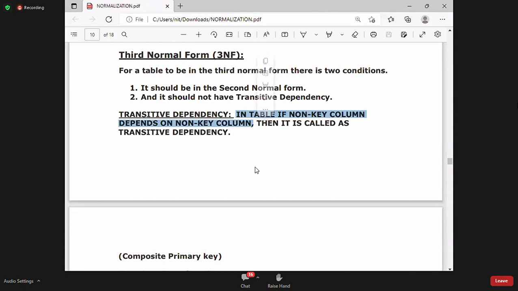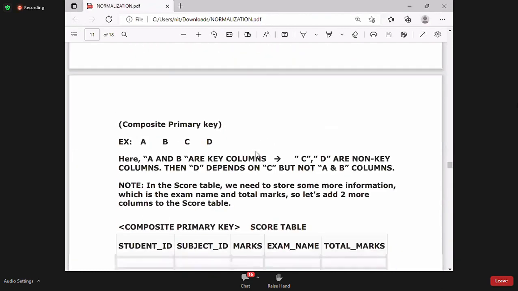If that kind of dependency is there in your table columns, then that is called a transitive problem. What problem? Transitive. So transitive means what? Each other. That means one-to-one dependencies are there, and those dependencies do not involve primary keys. Okay.